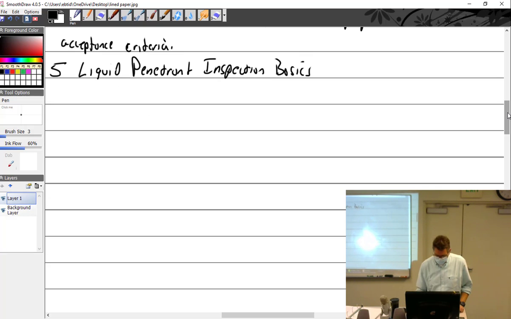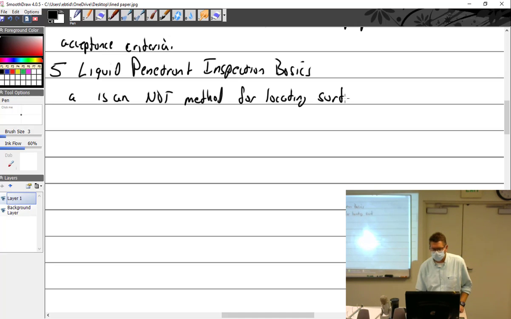Liquid penetrant inspection is an NDT method for locating surface discontinuities.